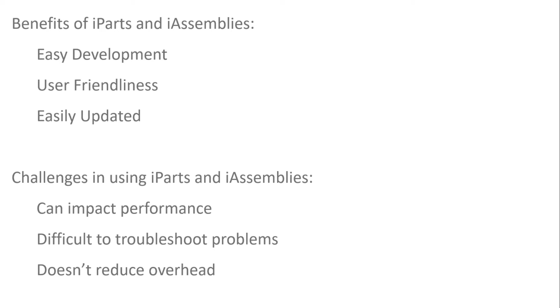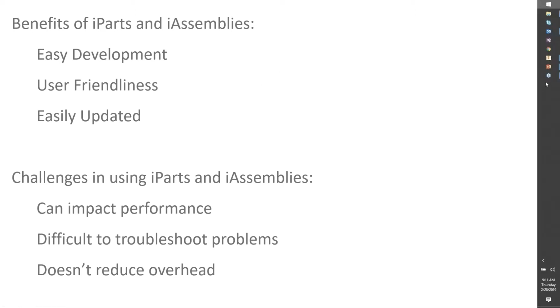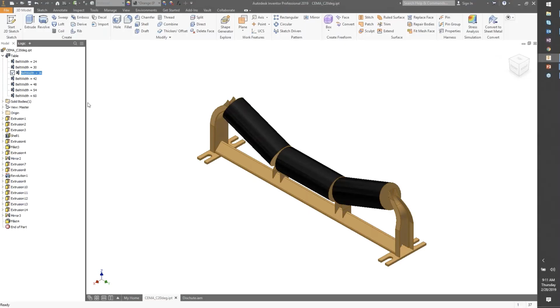And what I mean by that specifically is, if I go back over to Inventor here, I have this iPart. Well, within an iAssembly, which is nothing more than an assembly that leverages a table to define which components are either suppressed or unsuppressed within an assembly.